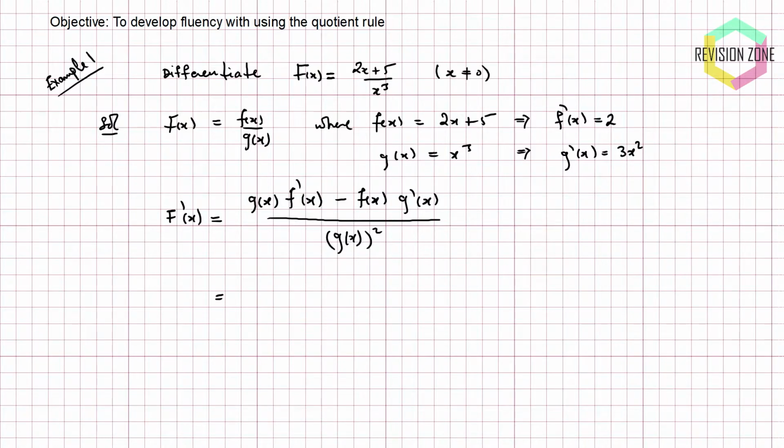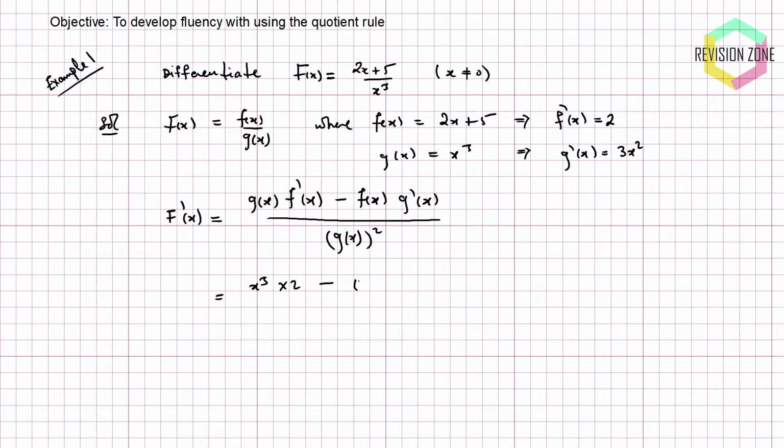So we're going to put our g in first. Our g is of course just x cubed, so I'm going to have an x cubed on the top. And then my f prime, we've just worked that out, that's just 2, so I'm going to write the 2 down. And then we have a subtraction sign, so I'm going to copy the subtraction sign down. After that, we have the f of x, so I'm just going to copy my f of x down, which is 2x plus 5.